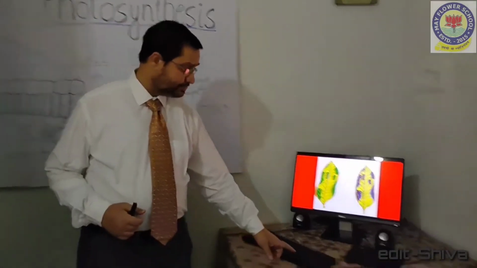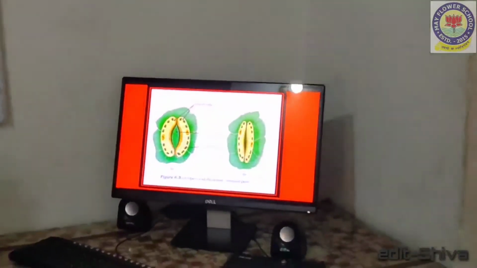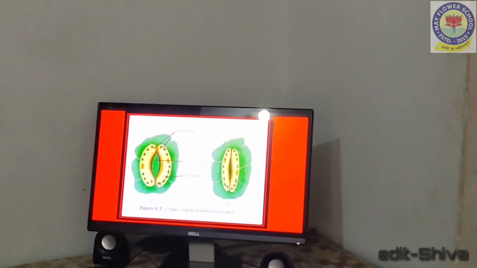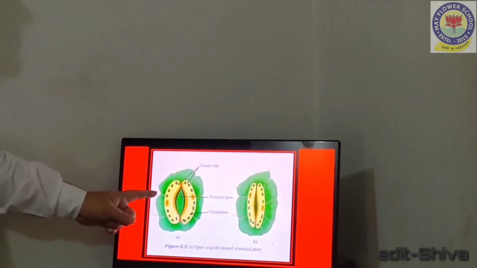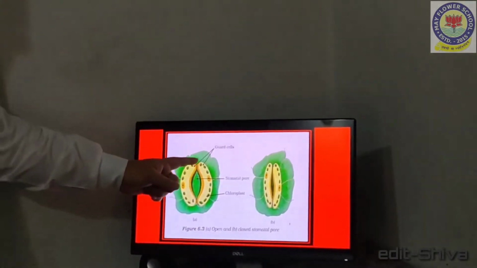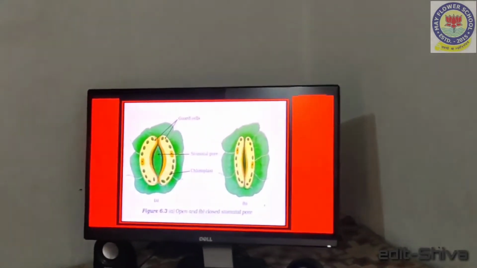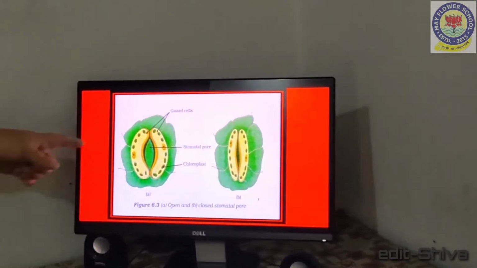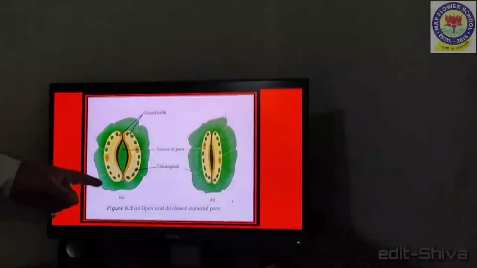Guard cells are kidney-shaped cells which surround the stomatal pore. You can see the guard cell, this kidney-shaped cell which surrounds the stomatal pore. These guard cells absorb water from the neighboring cells during daytime.